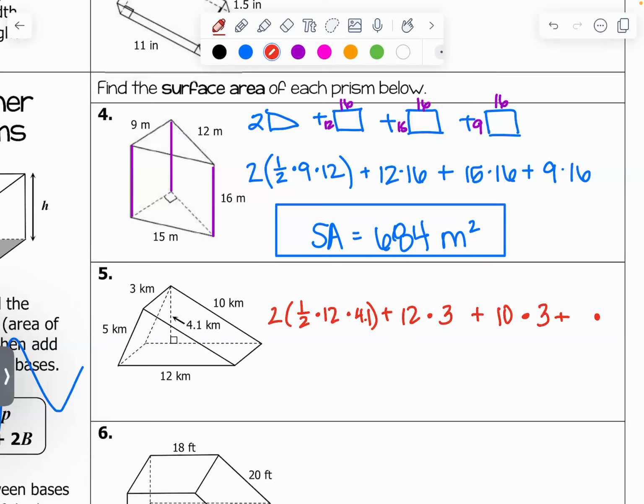Okay, Presley, give me the last one. Five by 3. Okay, so when we take all of that, what do we get? 130.2. 130.2 kilometers squared.